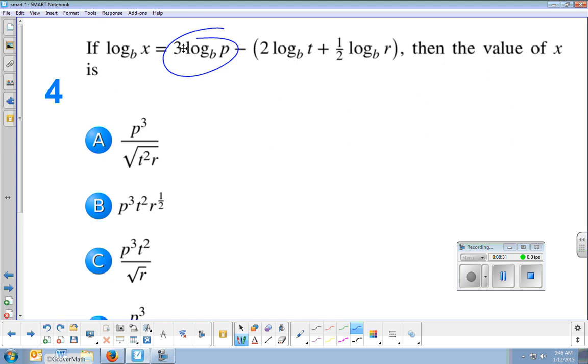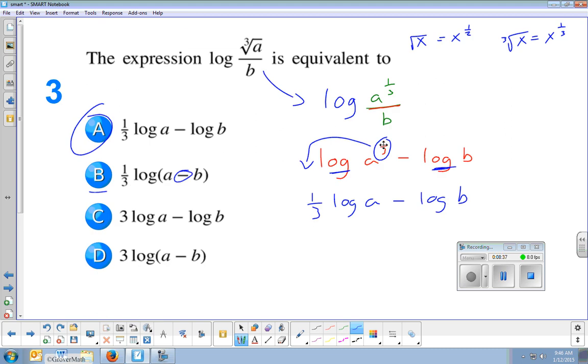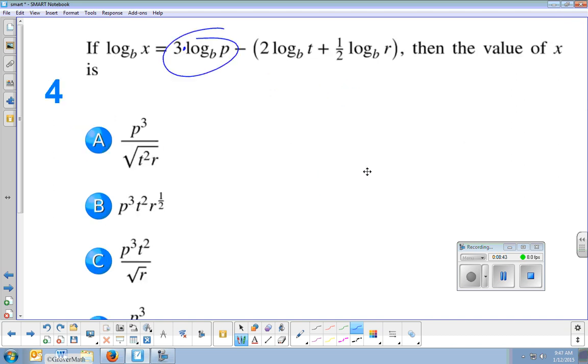So first of all, I see a 3 in front of the logarithm. So where does that come from? Well, what we were doing in the previous 2 examples is when I had exponents, I moved them to the front. Going the other way, numbers in the front become exponents. So this 3 log p can be written as log of p to the 3rd. So that goes back to being an exponent.